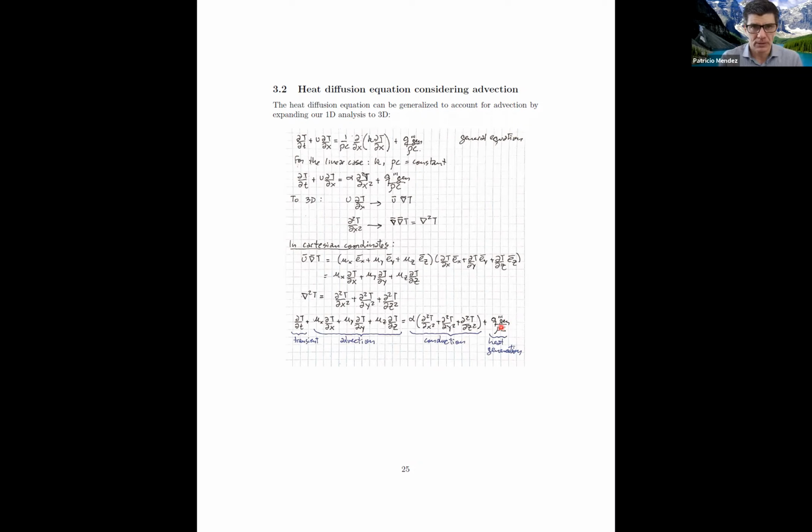I wanted to show you this, so you have, as long as we assume constant material properties, the most general equation of heat transfer that accounts for advection, conduction, heat generation, transient, viscosity. What do you want? We got it, right?